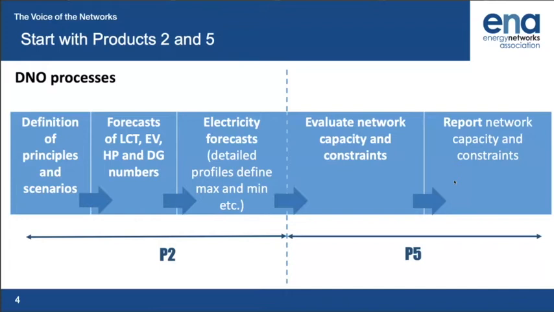So the 2 blocks on the right-hand side are evaluate network capacity and constraints, and product 5 is also putting in place the reporting that network companies will use going forward to publish where those constraints and limitations are. So that's an introduction to product 2 and product 5. We've now got a few slides which will go into that in a bit more detail.